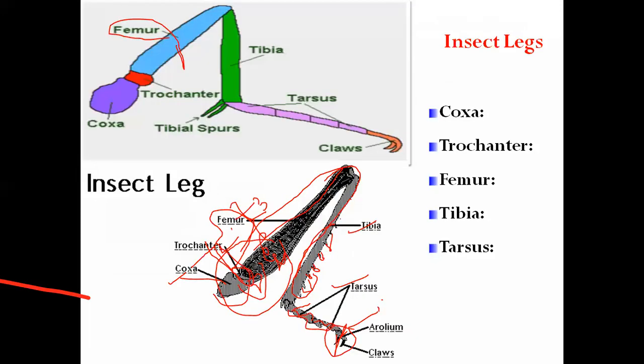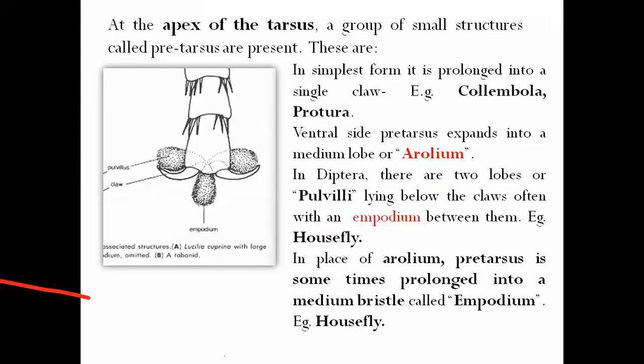Tibial spur means what? Here is the whole portion of the tibia. On each leg of the insect, at the tibia part, there is a spine-like structure. Spine means a thorn. This spine-like structure is called the tibial spur, and it is present on the lateral side, not the lower side.